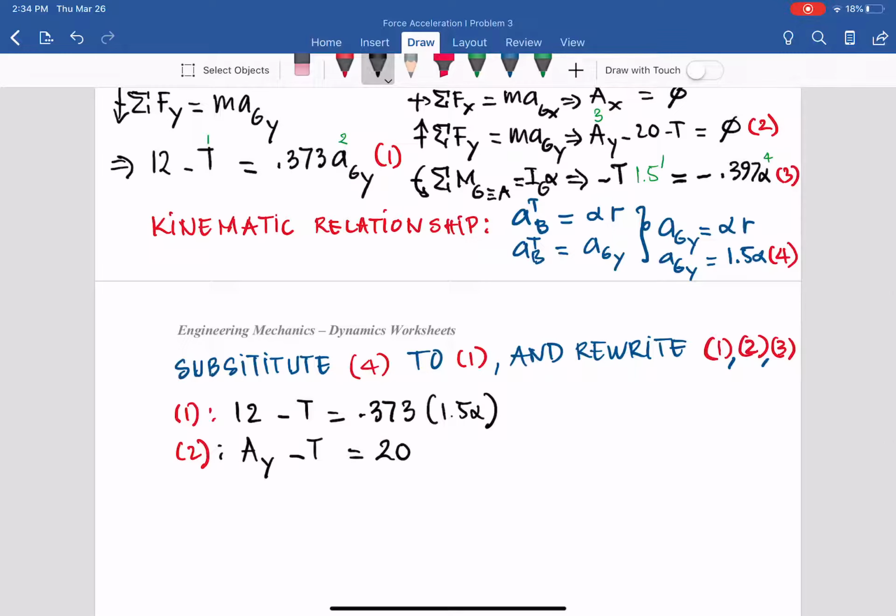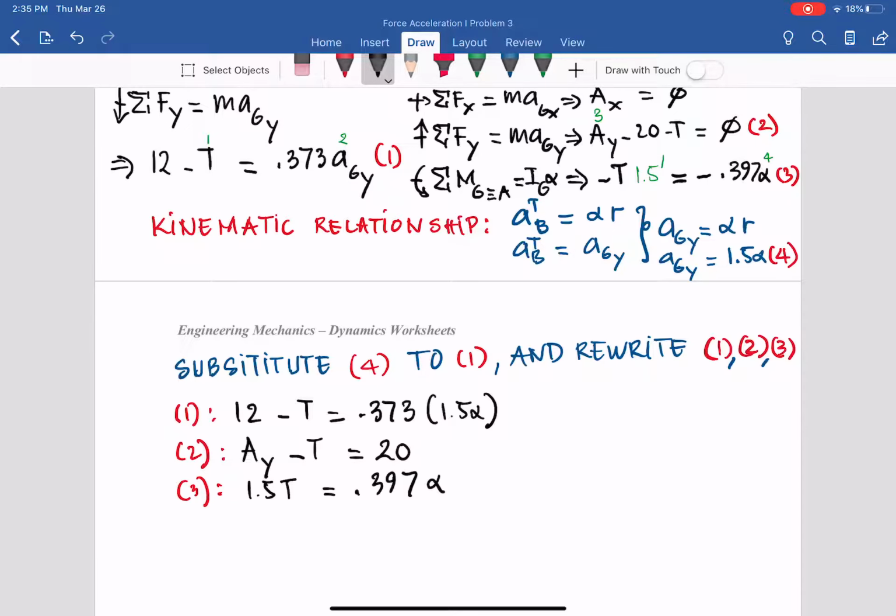And then we also have number 3: 1.5 T equal to, removing the negative on both sides, 0.397 alpha. So now that is the 3 equations.